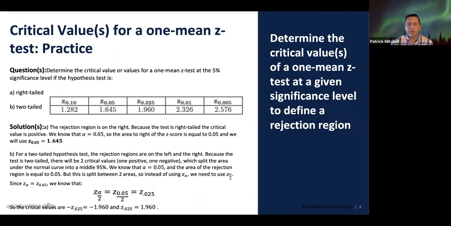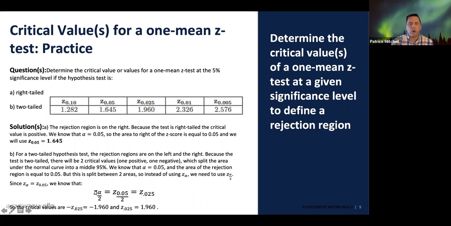One will be positive, one will be negative, which split the area under the normal curve into a middle 95%. We know that alpha is 0.05, and the area of the rejection region is equal to 0.05. Since that's split between two areas, instead of using z sub alpha, we need to use z sub alpha divided by 2.